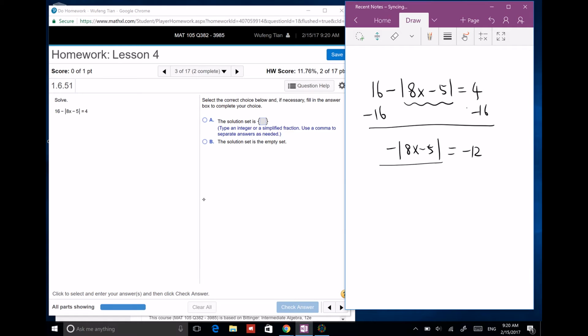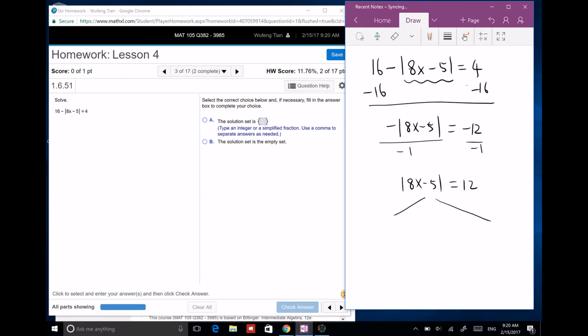Then I divide both sides by negative 1, you get the absolute value of 8x minus 5 equals positive 12. Then we have two equations, 8x minus 5 equals 12, 8x minus 5 equals negative 12. Then 8x equals 17, x equals 17 over 8. Then 8x equals negative 7, x equals negative 7 over 8.